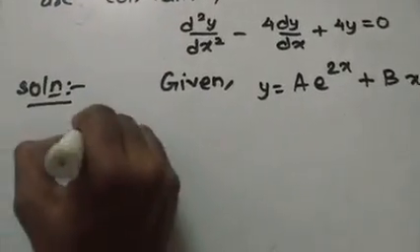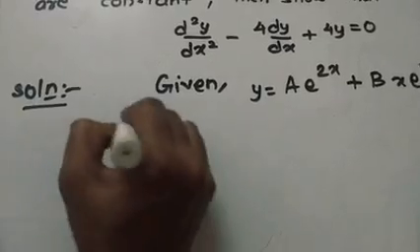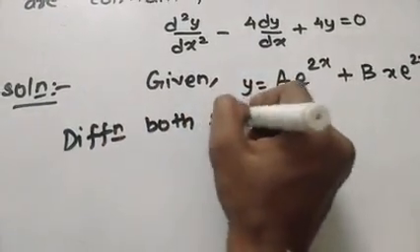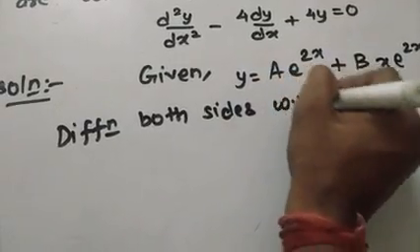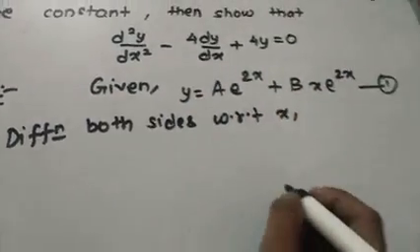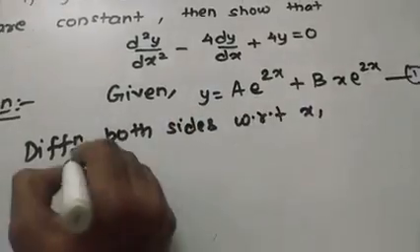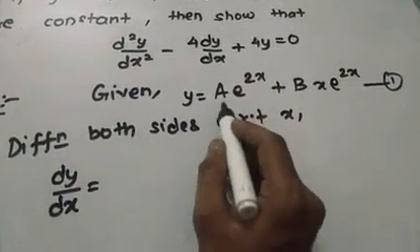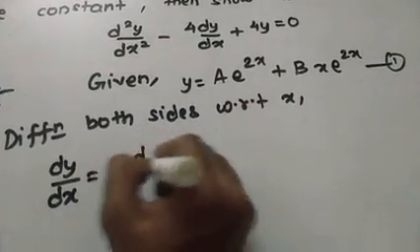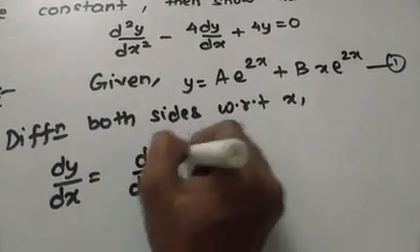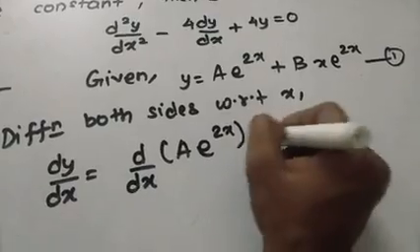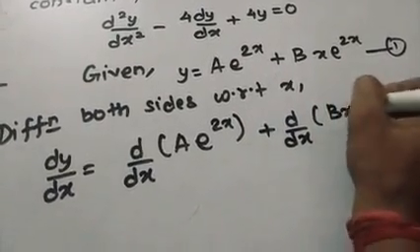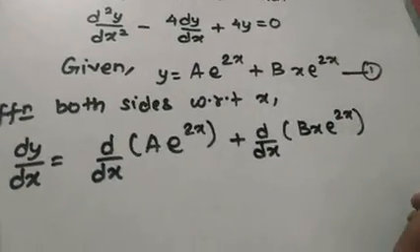Now differentiating both sides with respect to x, we will get dy/dx. a is a constant. First of all, this part, d/dx of a e to the power 2x, plus d/dx of bx e to the power 2x.